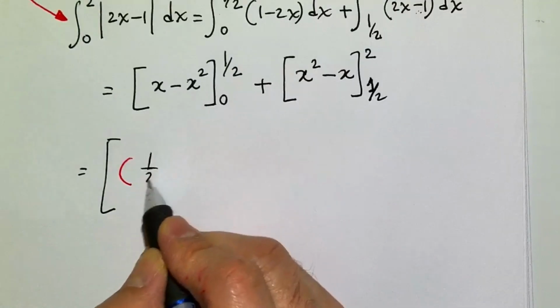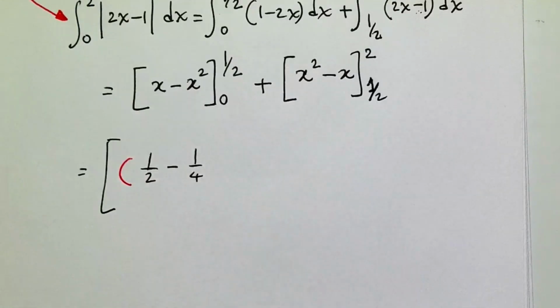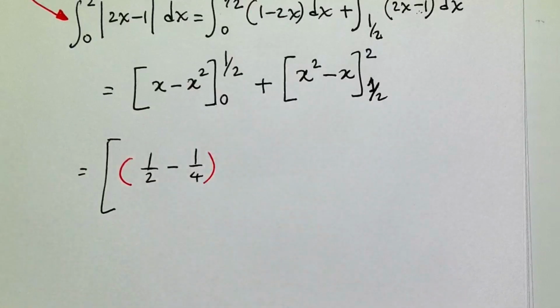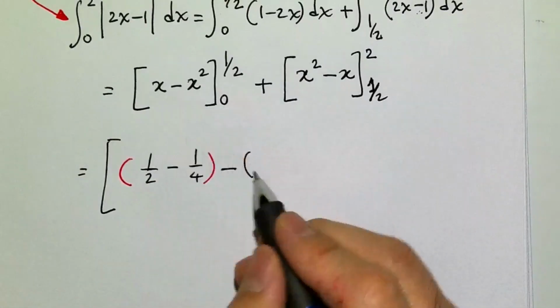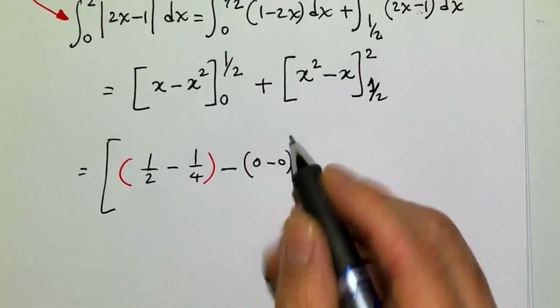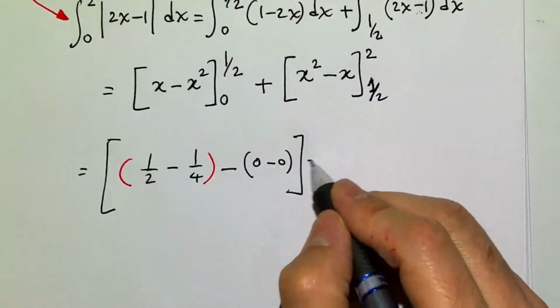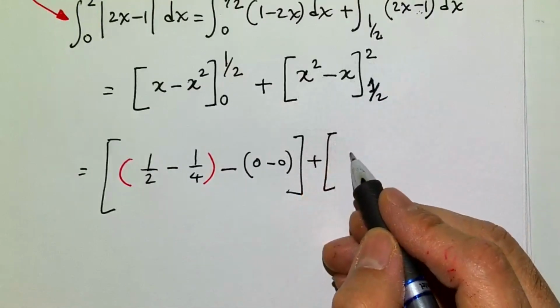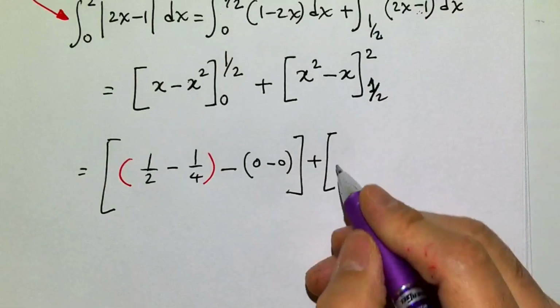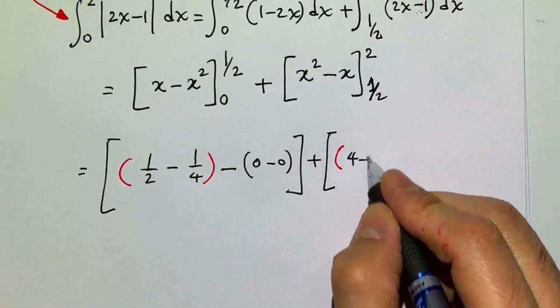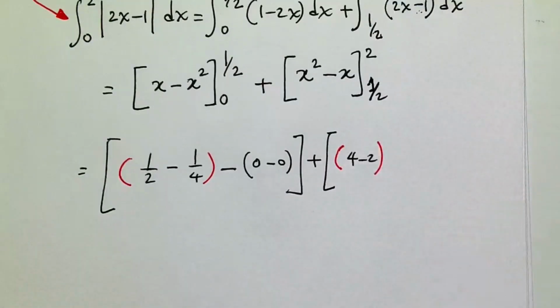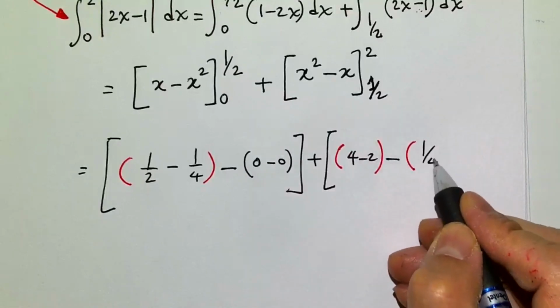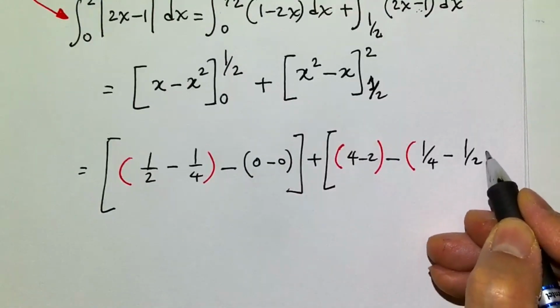So 1/2 minus 1/4, minus, of course, substituting 0, we get 0, plus, substituting for x with 2, we get 4 minus 2, minus, right, 1/2 squared is 1/4 minus 1/2.